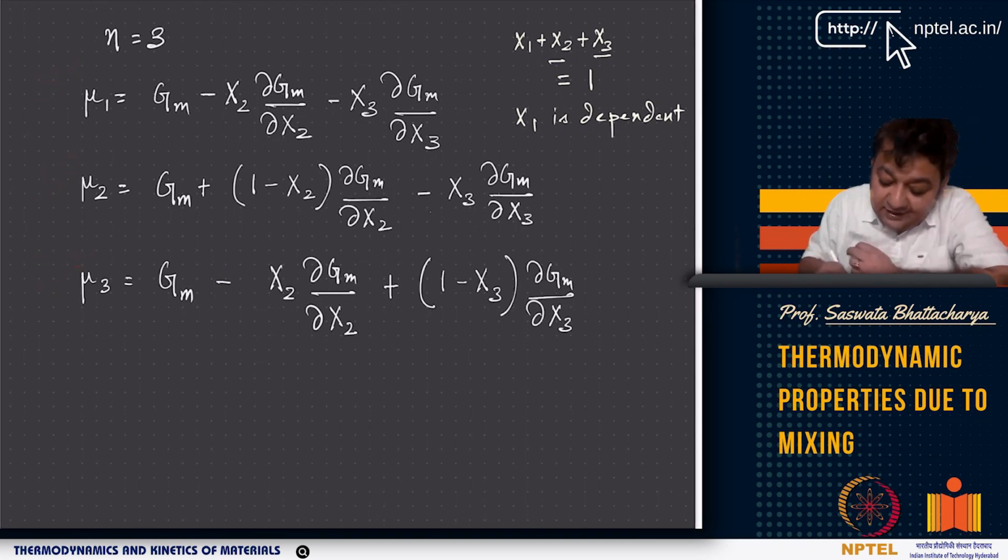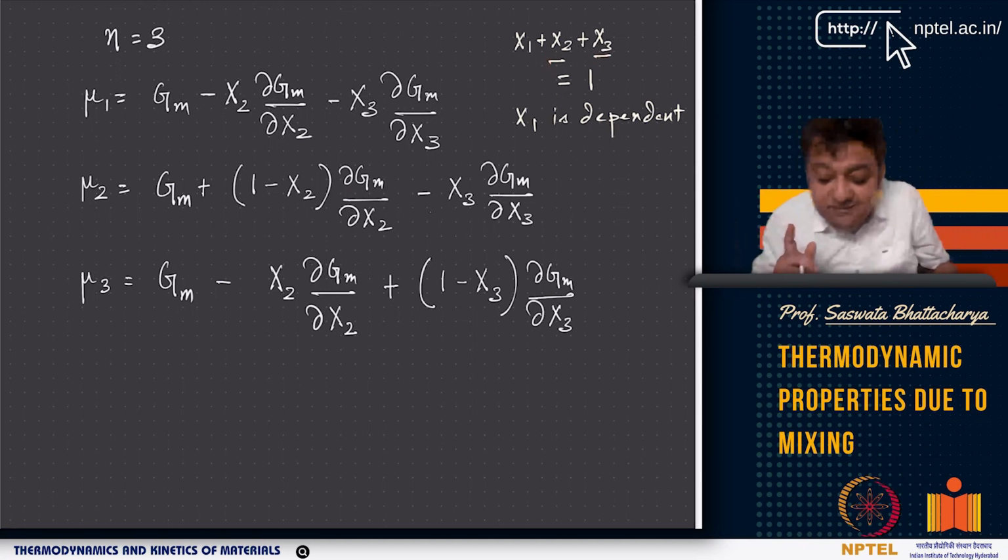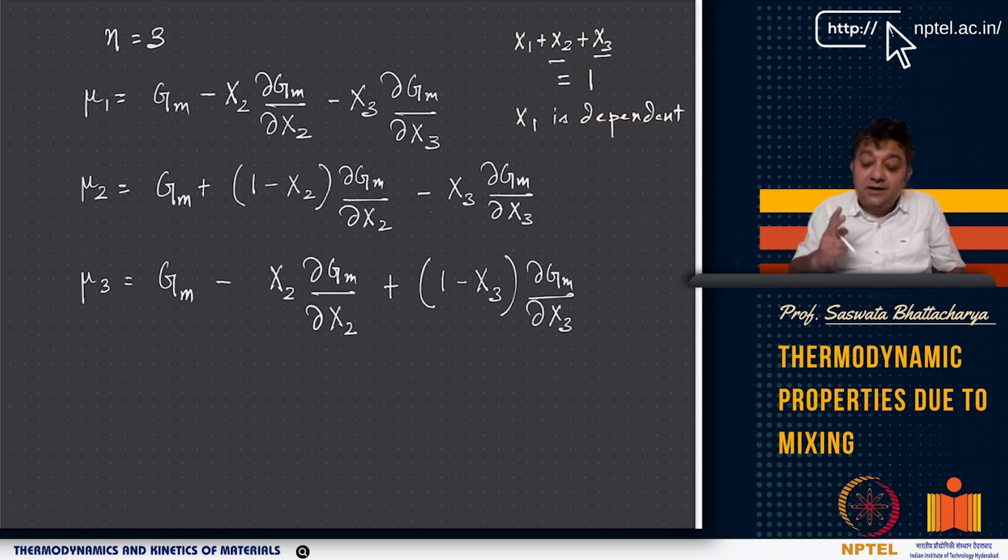Now it's a ternary system, so x2 and x3 I can take as independent and x1 is dependent. Since x1 plus x2 plus x3 equal to 1, I can take any 2 to be independent. It can be 1 and 3, it can be 2 and 3.